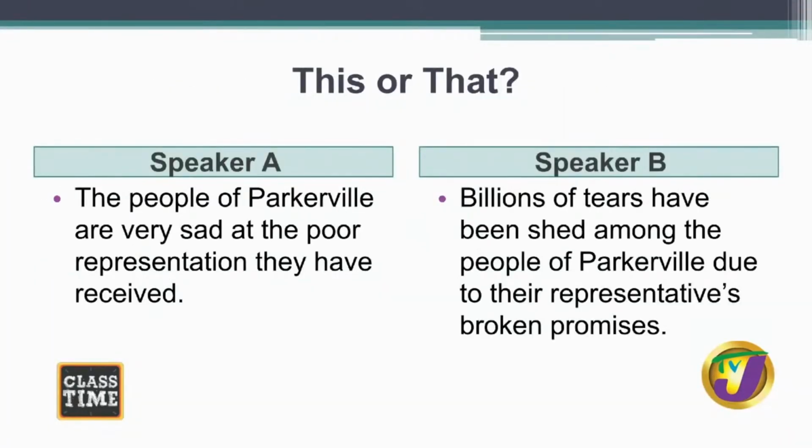So let's look at how Speaker A says, the people of Parkerville are very sad at the poor representation they have received. So we understand the people of Parkerville are disgruntled. Now Speaker B says, billions of tears have been shed among the people of Parkerville due to their representatives' broken promises.